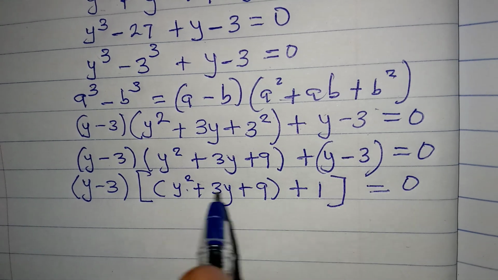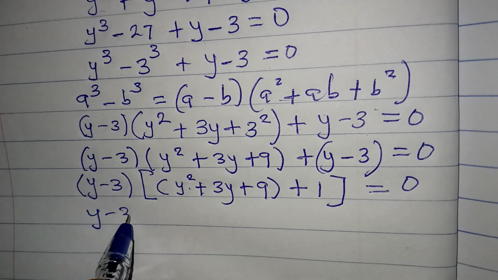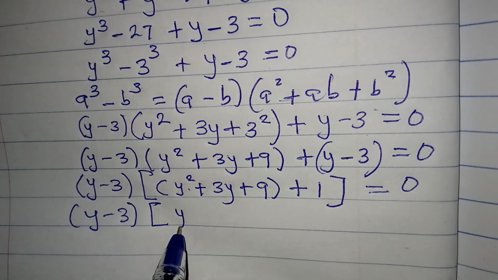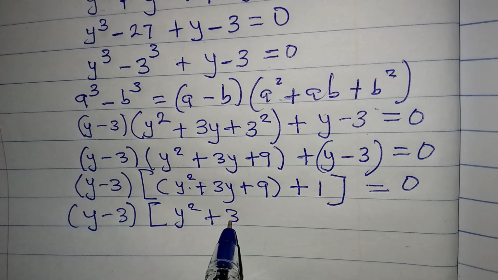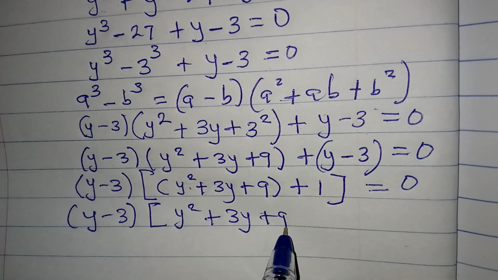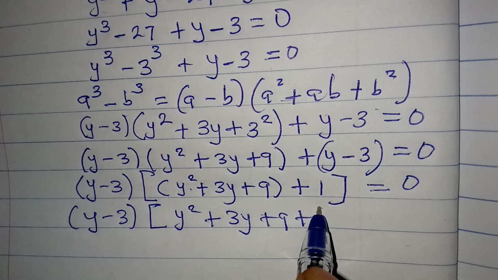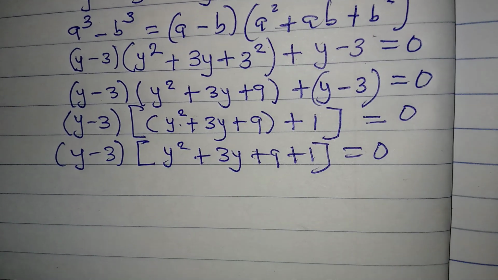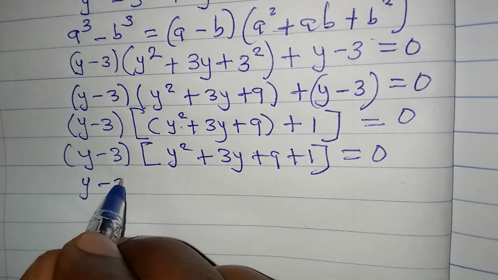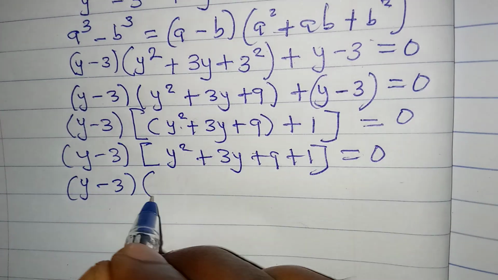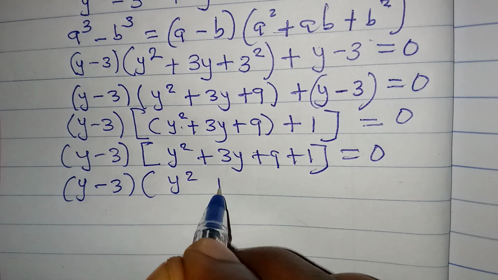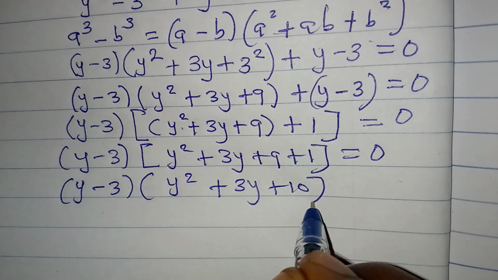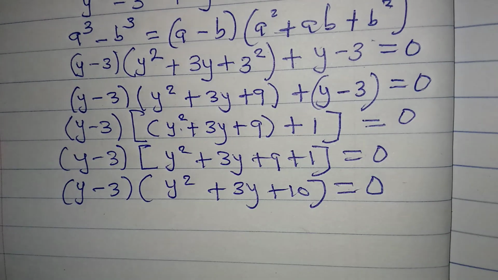We have y minus 3 in there, then here we'll have y squared plus 3y plus 9 plus 1, and this is equal to 0. If we continue, then y minus 3 will be here, and here we have y squared plus 3y plus 10, and this is equal to 0.